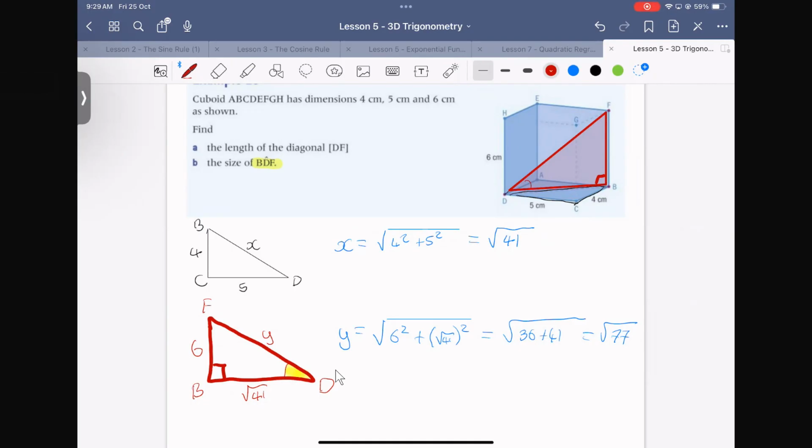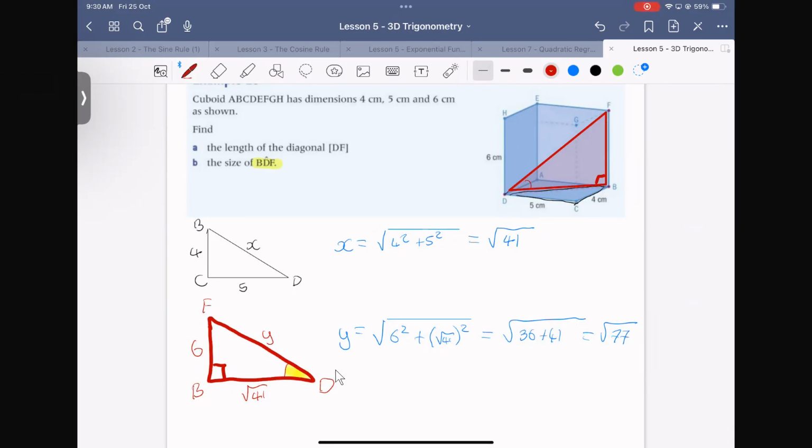We could use the cosine rule. I wouldn't recommend it. At this point, we've got the cosine rule, the sine rule, and the trig identities.